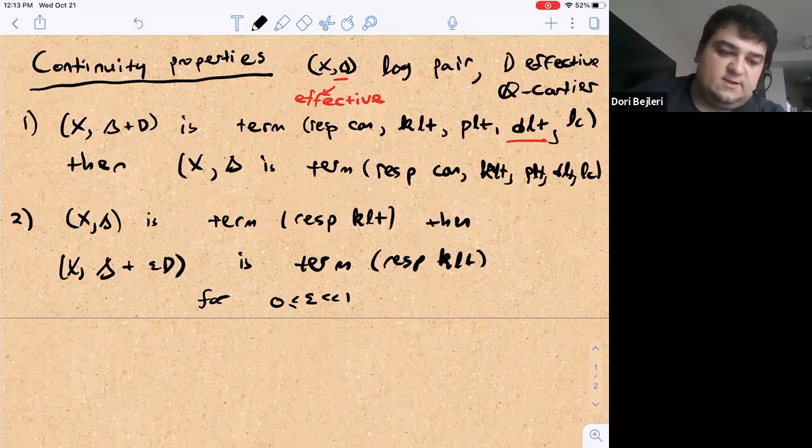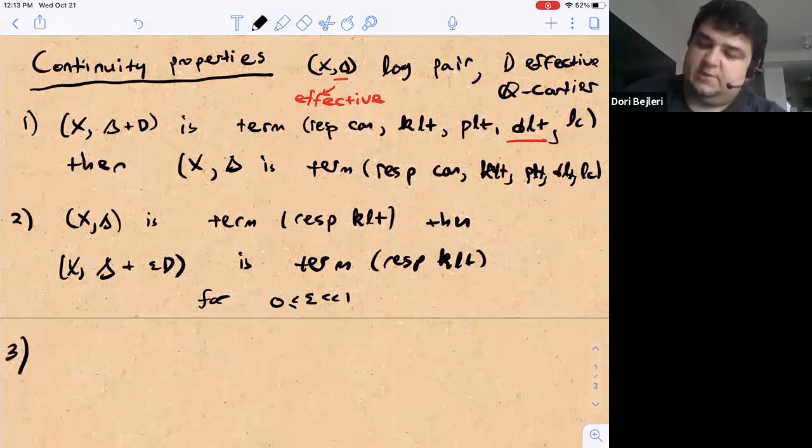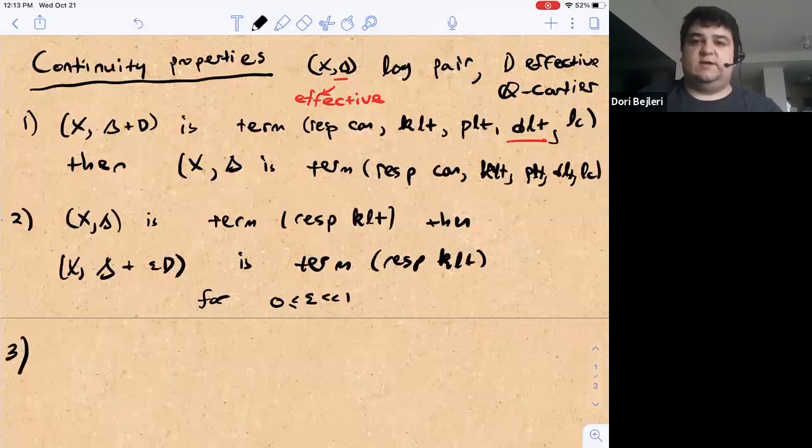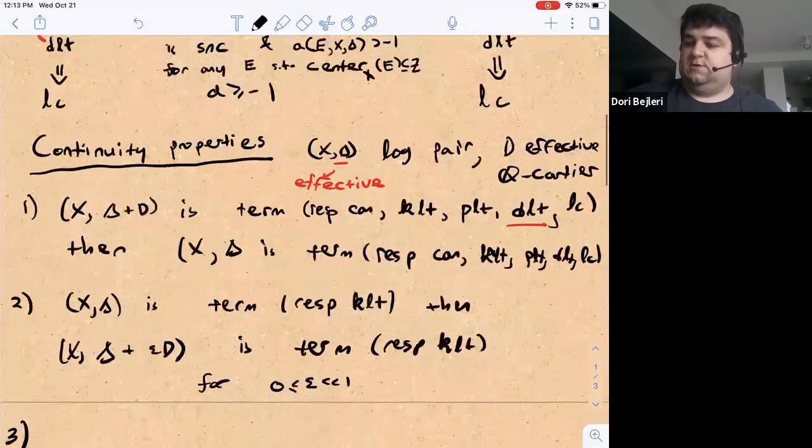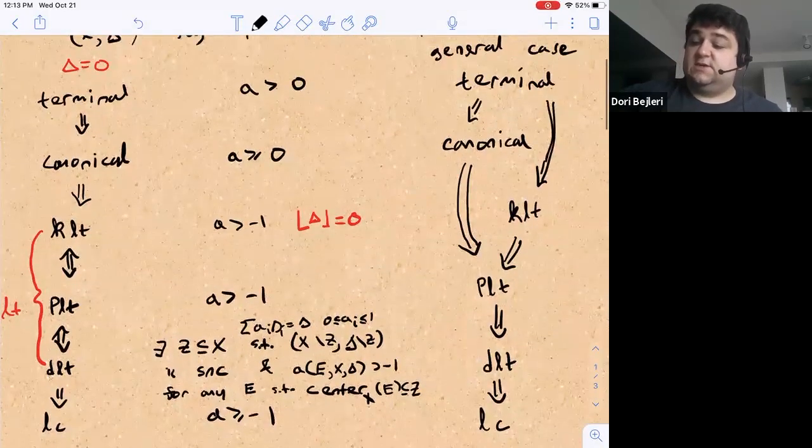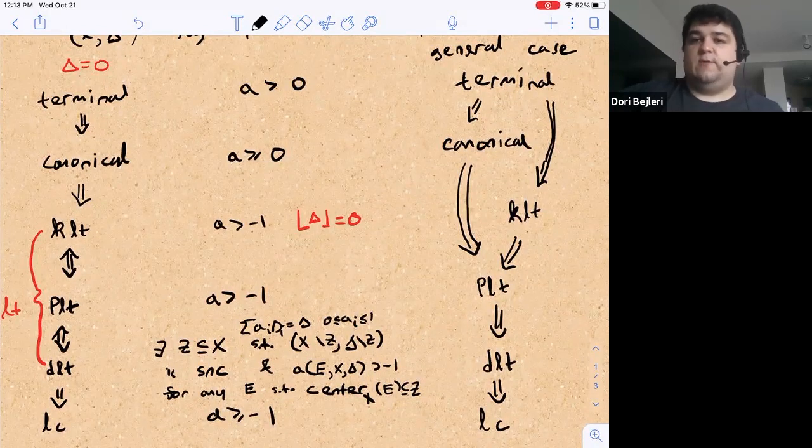For PLT and DLT, it's a little more complicated because you need to control the places where the coefficients are 1. So this is what's nice about the condition of rounding down being 0 for KLT. It doesn't matter what you add as long as the coefficient's small enough, you won't break the discrepancies.